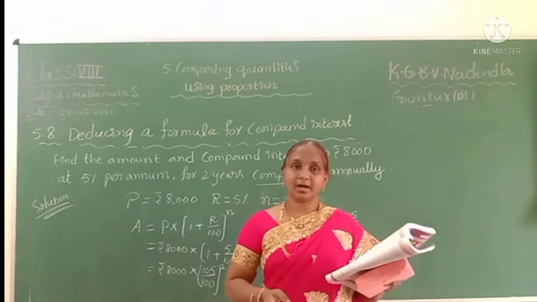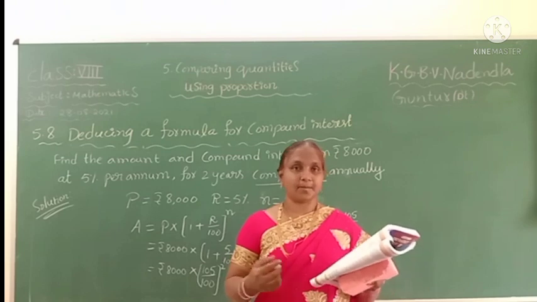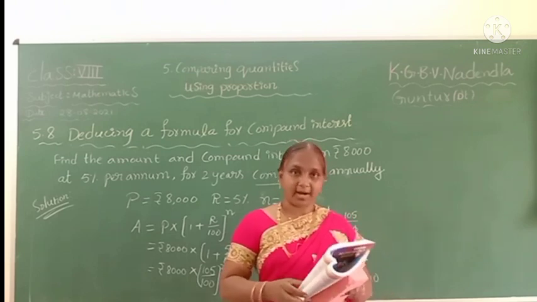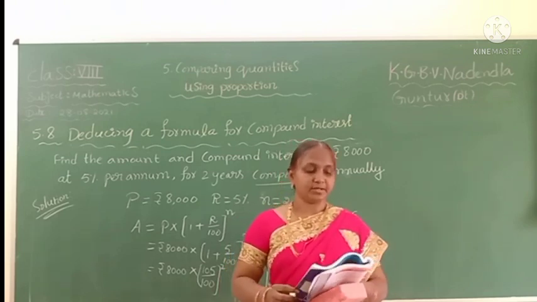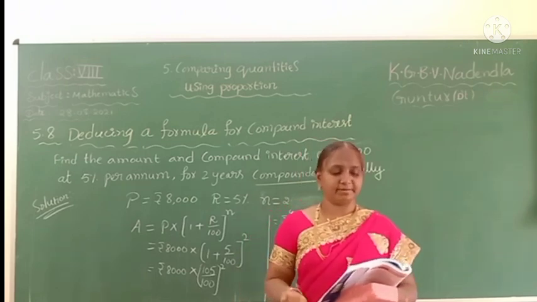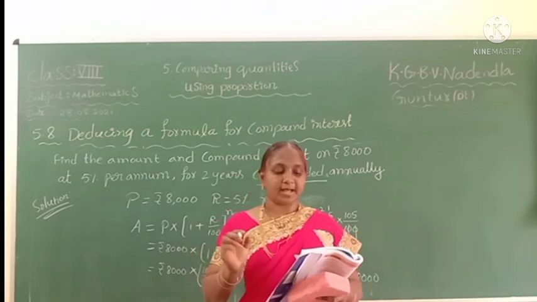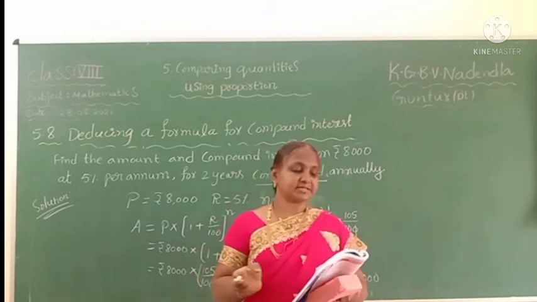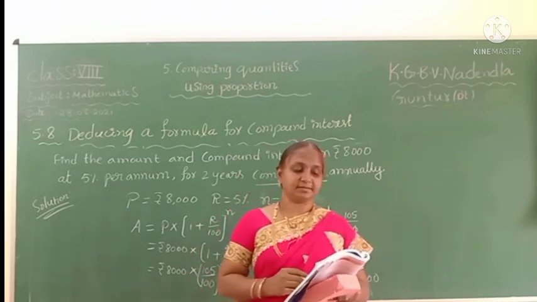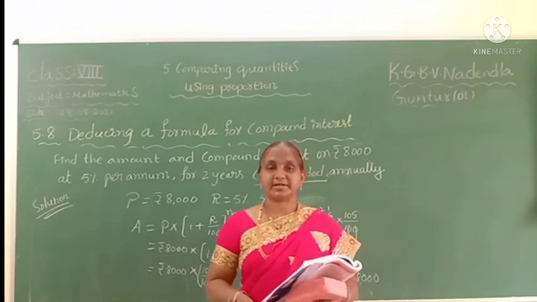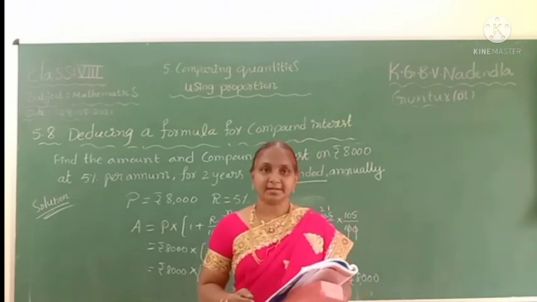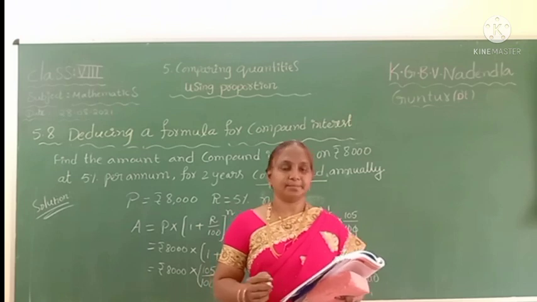Because we can also have interest rates compounded half-yearly, quarterly, like that. Okay. When interest is not compounded annually, what do you call the time period? The time period after which interest is added to principal, it is called conversion period. It is called conversion period.